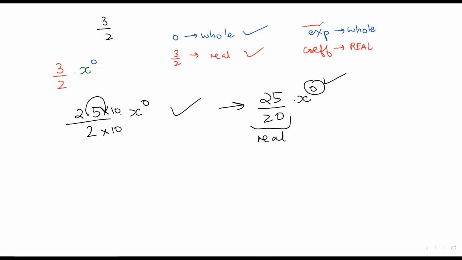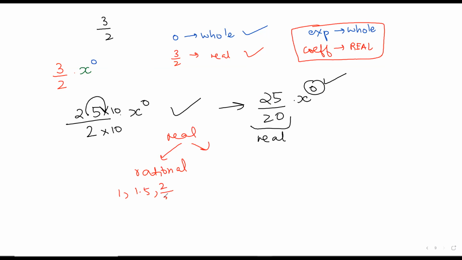And we know that real numbers are of two types. They could be rational, like 1, 1.5, 2 by 3, and so on. Or it could be irrational, like we studied in the previous chapter, like pi, root 2, and so on, right? So yes, root 2, root 3 also get included in real numbers. So yes, that will be a polynomial. Is it clear?